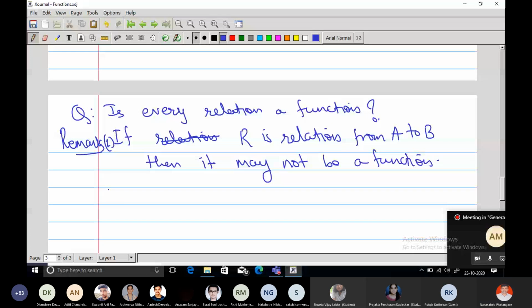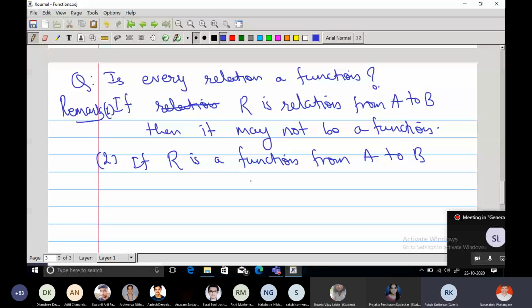If R is a function from A to B, then can we say that R is a relation? Yes, sir. R is a relation from A to B, right? So therefore, a relation may not be a function, but a function is definitely a relation. Correct?